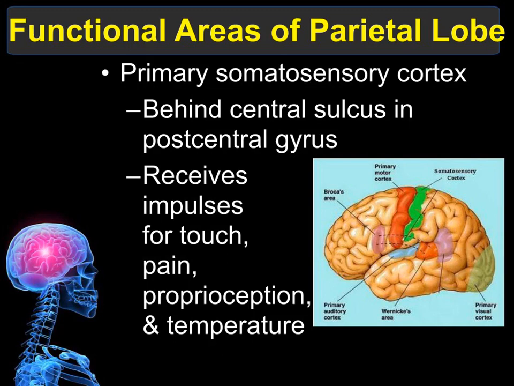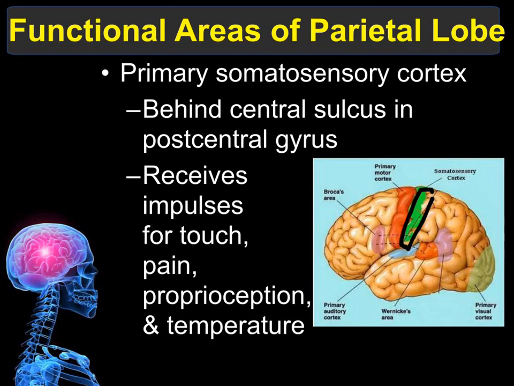Specialized areas of the parietal lobe include the primary somatosensory cortex. Just like the precentral gyrus contains the primary motor portion, the postcentral gyrus, which is the area in the green just behind the central sulcus, is the somatosensory area, whose job is to receive sensory information: touch, sense of pain, temperature.